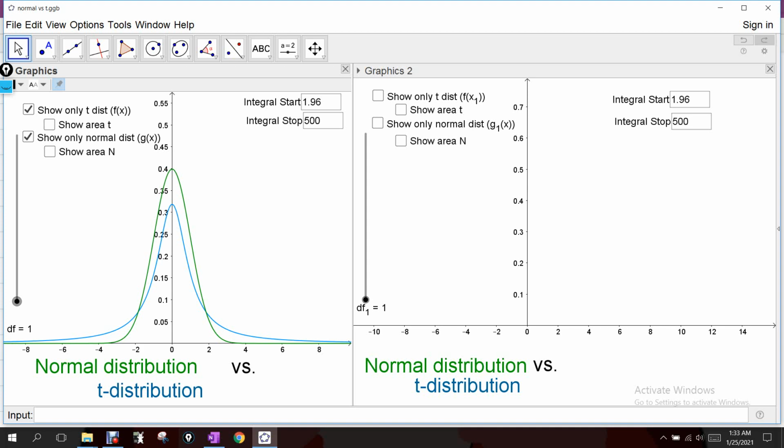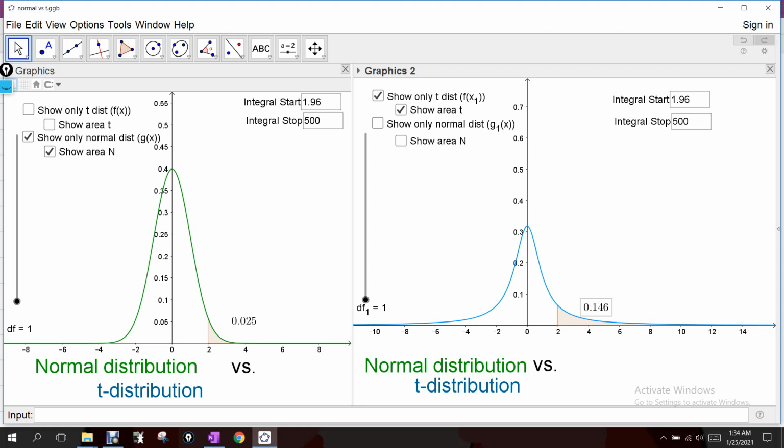What is useful to realize is, let's just show the normal distribution over here on the left-hand side. And again, I want to show that area from 1.96. If we look at the t-distribution on the right-hand side and show the area from 1.96, because the degree of freedom is 1, we'd be looking at a sample size of 2.